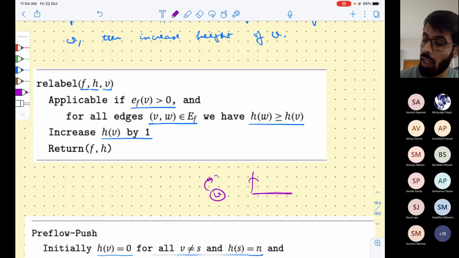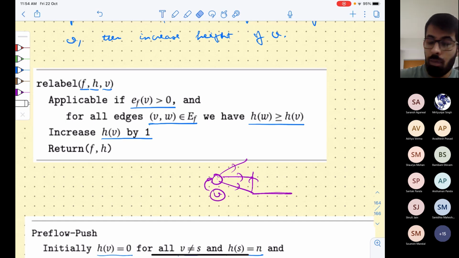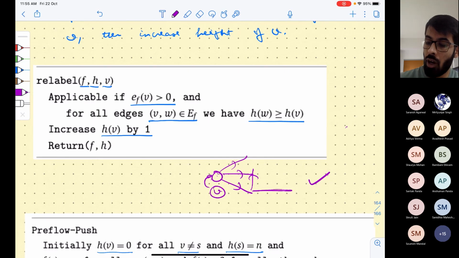Now, if v goes 1 above, then for all the outgoing edges, no steep coming-down edges are going to be there. Steep going up can be there, but there is no steep coming-down edge coming out of v. So if it was compatible before, then it is compatible now.